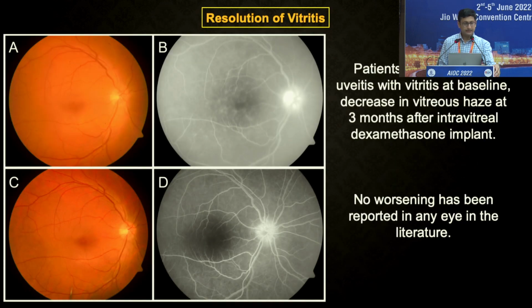So we realized that the vitritis and cystoid macular edema and the leakage on fluorescein associated with intermediate uveitis, all of this can be taken care of by an Ozurdex implant. So of course we prefer it in unilateral disease, but if it is a bilateral disease, let's say one eye is worse, you can add an adjunct of an Ozurdex along with systemic treatment.